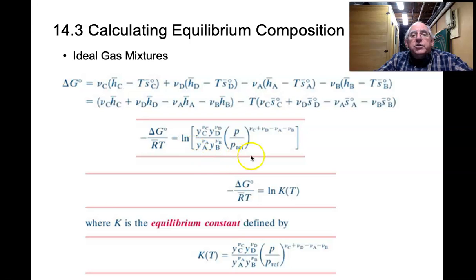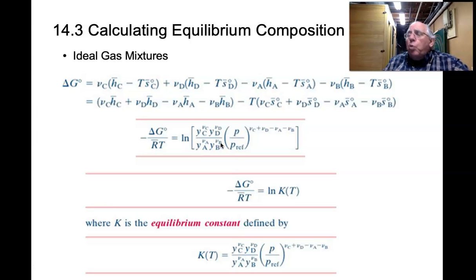equation. And so it turns out that we get this equation, and basically this equation tells us that the delta G0 over the magnitude of R times the temperature of the mixture is directly related to the partial pressures of each of the components raised to the powers associated with that particular reaction equation.